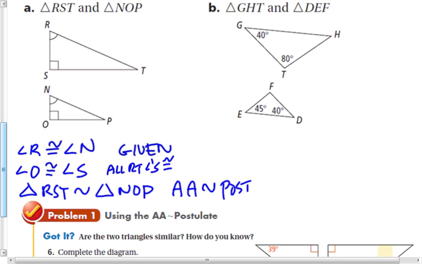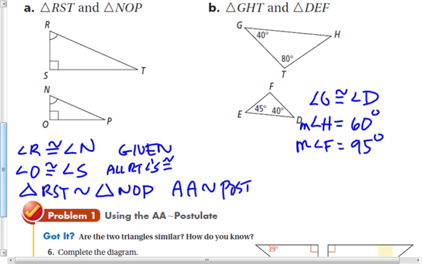All right, on the second one, we are given that angle G is congruent to angle D. And just doing a little math here, we know that the measure of angle H equals 60 degrees. And we know that the measure of angle F is equal to 95 degrees.